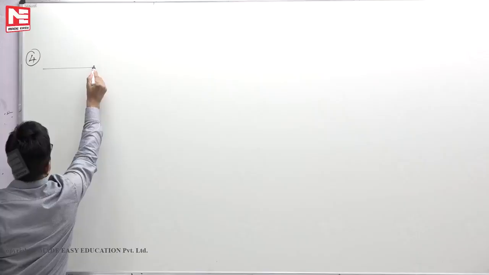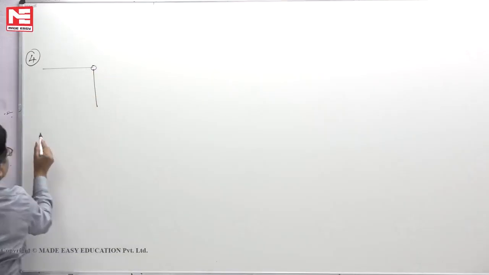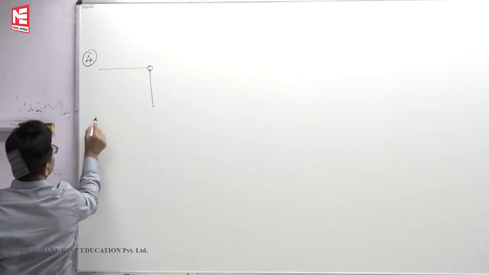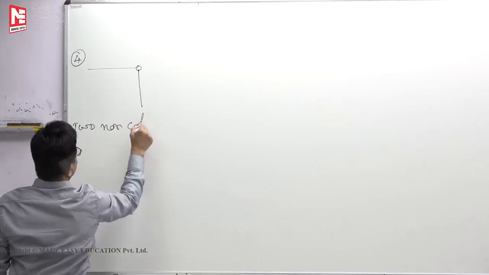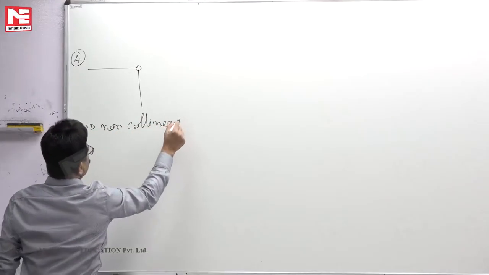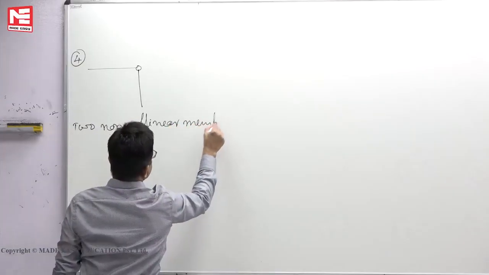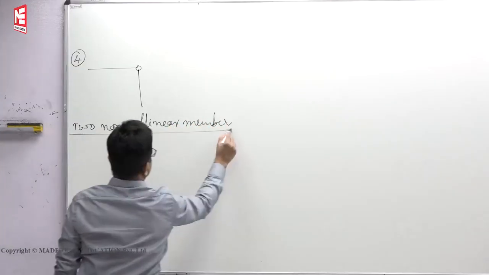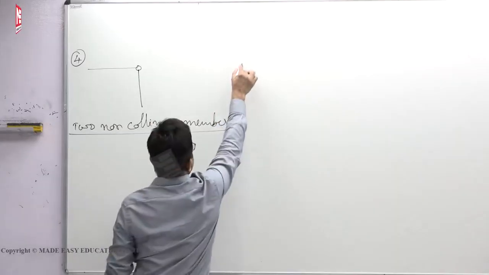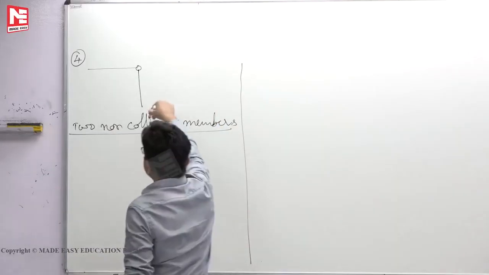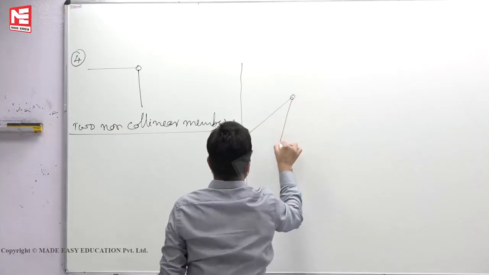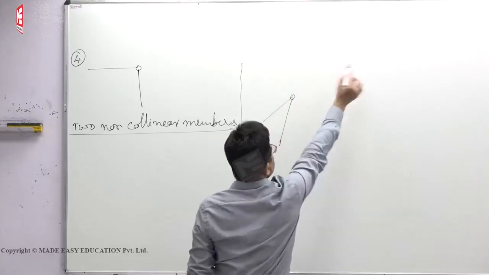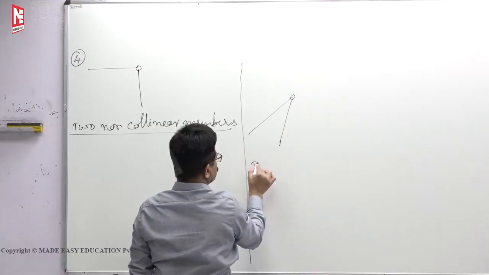Okay, the fourth observation is this. Assume that at a joint 2 members are meeting. These are 2 non-collinear members, which means they are not acting along the same line. They need not be perpendicular, they can be inclined also like this. See, they are not collinear, the same line of action is not there.